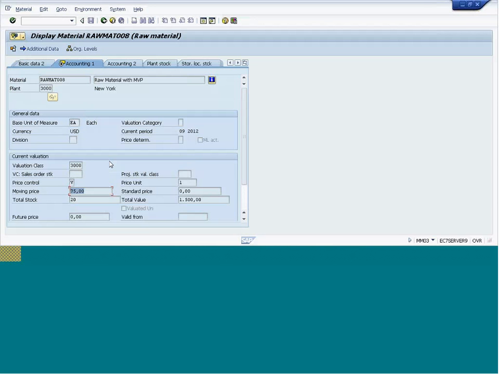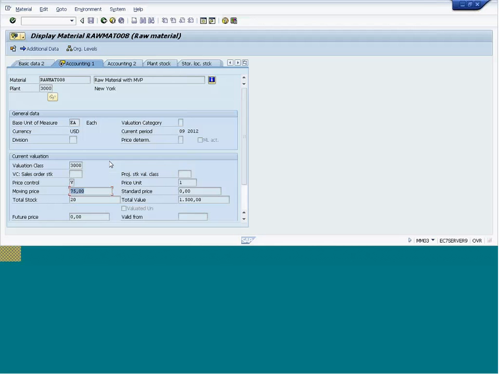That's correct. Okay. Because we keep on adding to the original cost, it keeps on adjusting the price. Yes, so it depends upon how much quantity you are procuring.